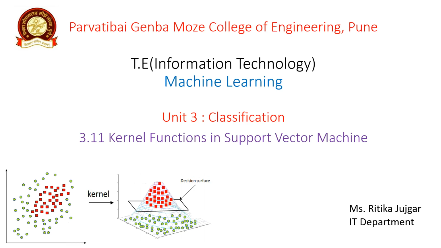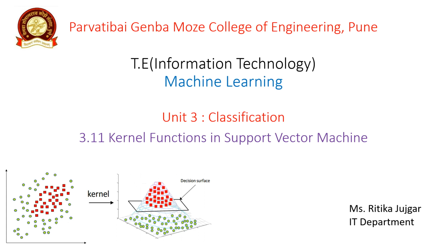So here in this Unit 3 we discuss SVM, that is Support Vector Machine. Support Vector Machine is again characterized into two parts, non-linear SVM and linear SVM. In the previous video we already discussed non-linear SVM, where if we have non-linear data, we can solve it by using the soft margin and the kernel tricks.